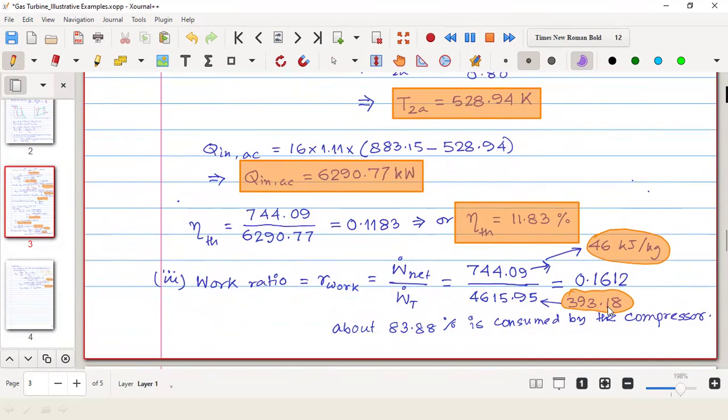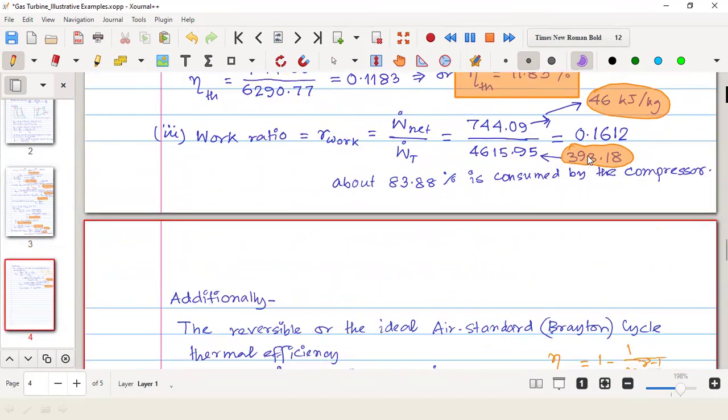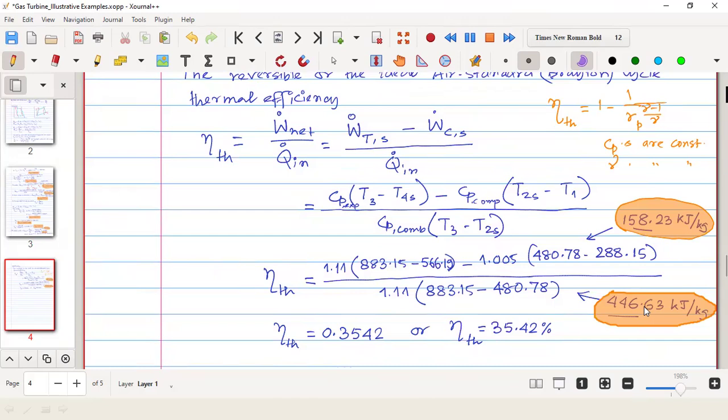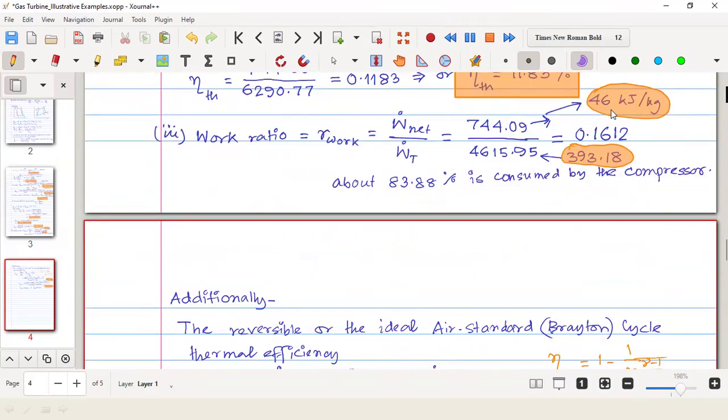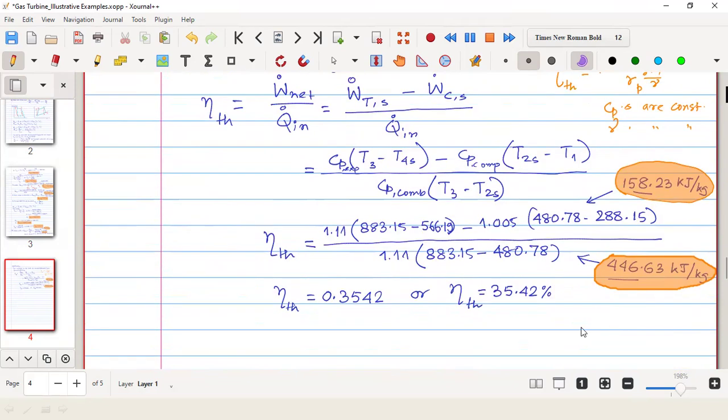So both are increased in case of ideal, but the work is increased much more compared to the heat addition. From 393, it is increased to 446. But here it is more than 3 times. The work is increased more than 3 times. So that is why the efficiency is increased about 30. This is the ideal case. So it is about 35%.